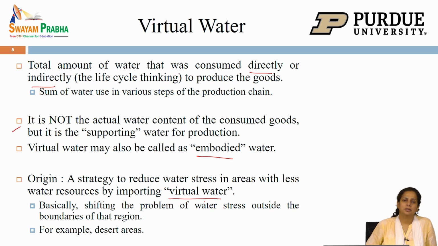So, there is this inherent dependence of one region on the other in terms of virtual water that may cause water stress in the other region. From a sustainability perspective, identifying this water threshold and the water stress caused by the consumption of different regions is a very important concept for strategies to do better water management in the long run.